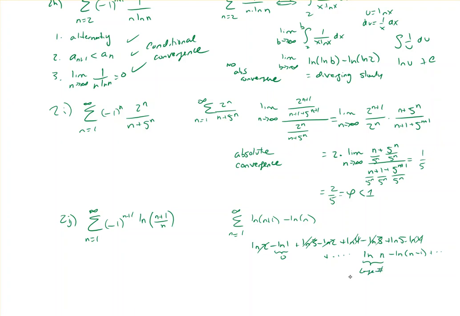And therefore, because you're left with this large number, this will diverge. Absolutely. If you take the absolute value, it diverges, and therefore it does not absolutely converge.